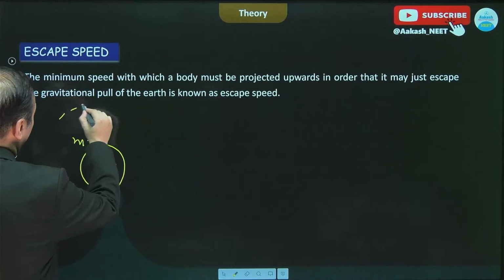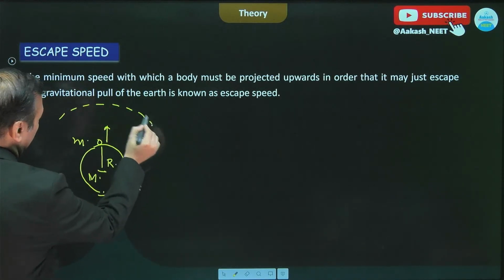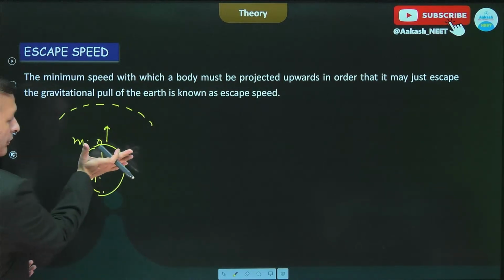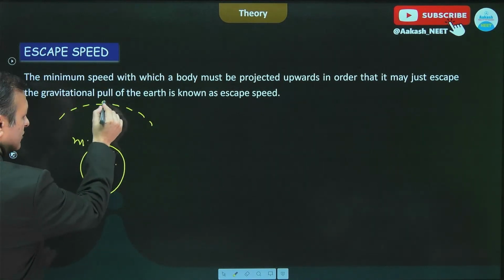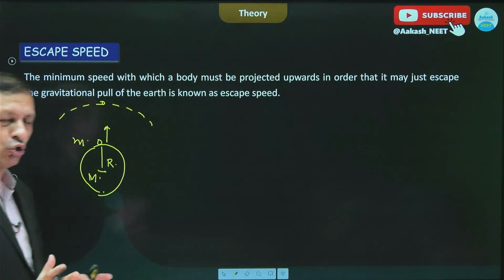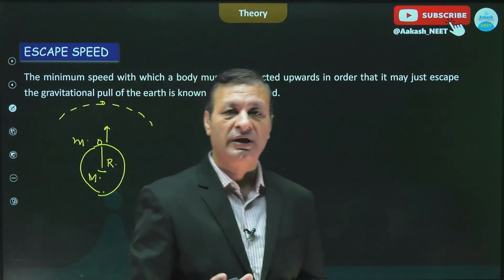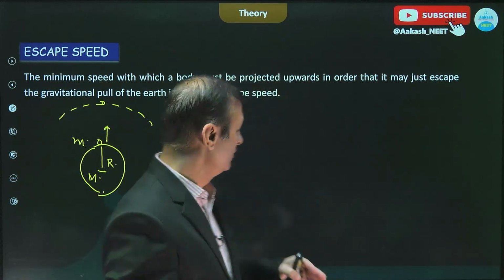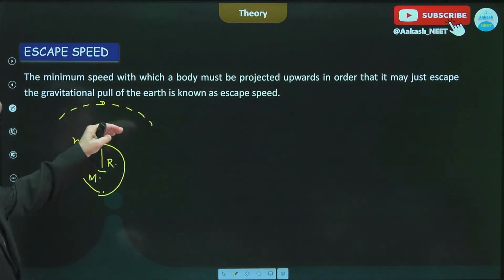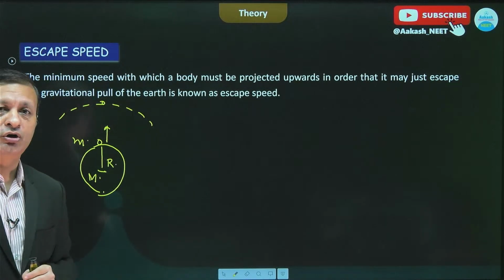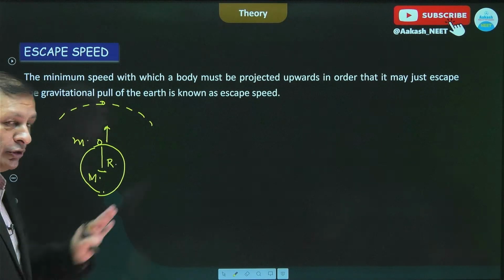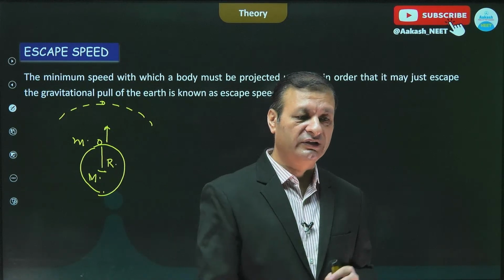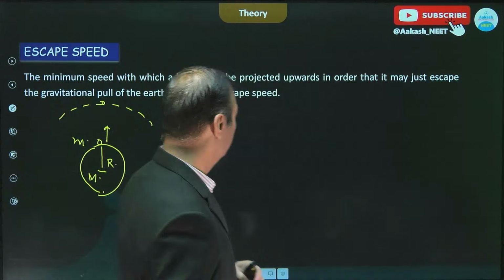Let's suppose this is the gravitational field region of the earth. The moment you project it, it just overcomes the gravitational pull and manages to reach a point just outside the boundary of the field region. So in this situation, Raj, we will go with the conservation of energy.